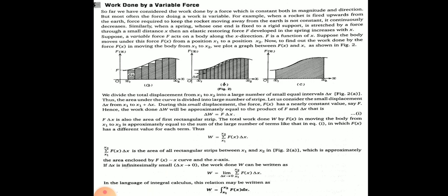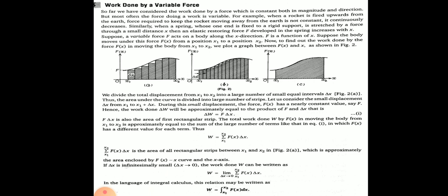If the force applied on a body is constant, then we can plot a graph between force and displacement. That graph will be a rectangle, not shown in this chapter, but think force is applied constant and displacement is taking place. You can plot a graph between force and displacement.